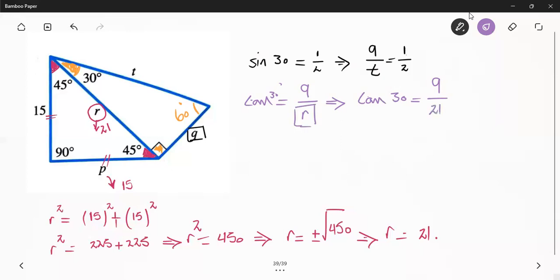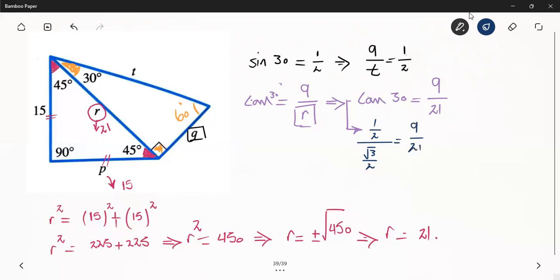Put that in your calculator. How much is tangent of 30? 1 over 2 over the square root of 3 over 2. It becomes square root of 3 over 3, equals Q over 21.